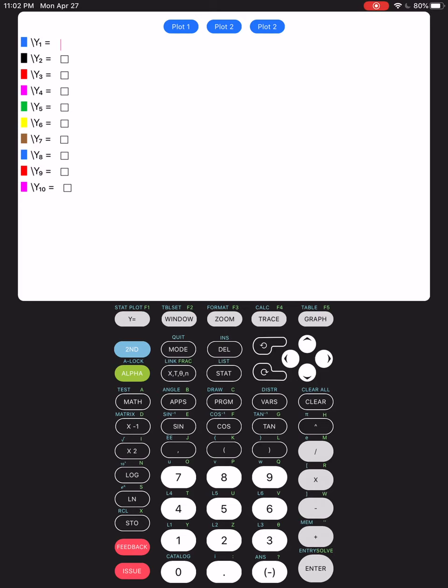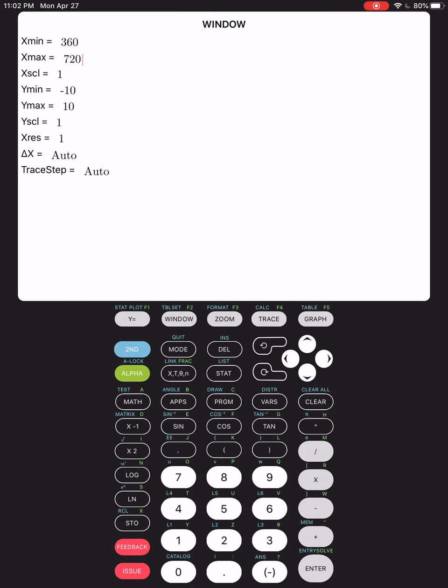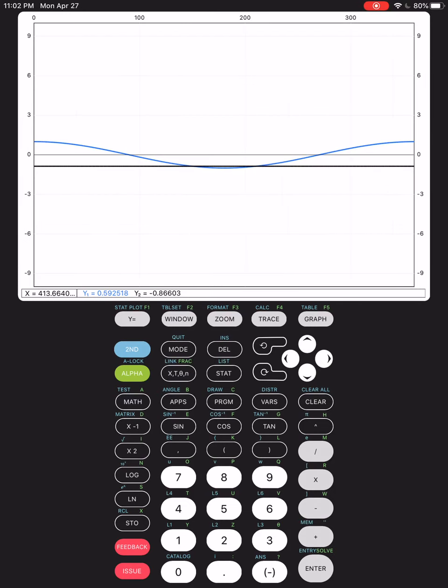Okay, so I have cos x, and then on the other side, negative root 3 over 2. And then I'm going to set my window to the given domain, which is 0 to 360. So x min is 0, x max is 360, because that's the domain in the question. Graph. So there's my two solutions there.